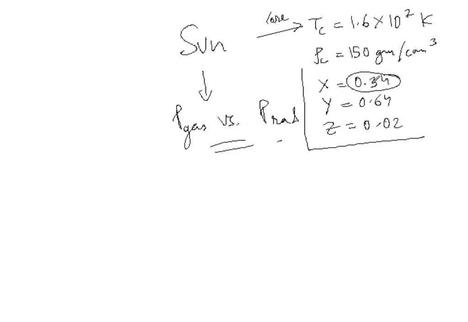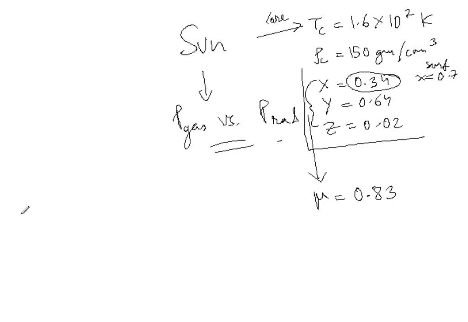This means that hydrogen is almost half gone compared to the initial or surface composition, where the surface value is around X equal to 0.7. Now if we use these values and calculate mu, you will see yourself that the value of mu comes around 0.83.